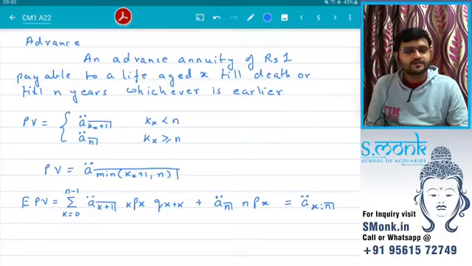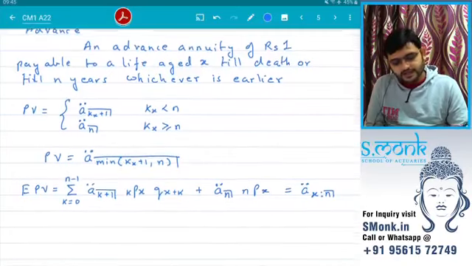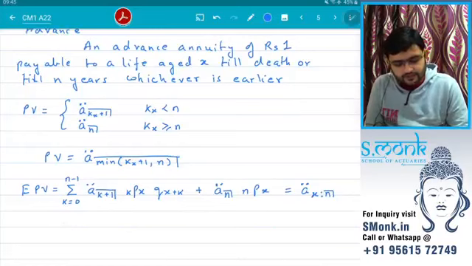Now exactly the same as what we did in whole life, we can write these in terms of number of payments. Number of payments going from k equal to 0 to n minus 1.